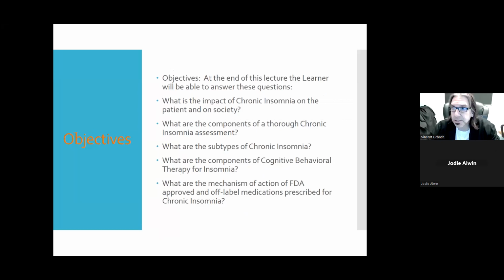Yeah, so hit the share screen. Okay, I see you're starting. There you are. Perfect. That's it. Great. Thank you very much.